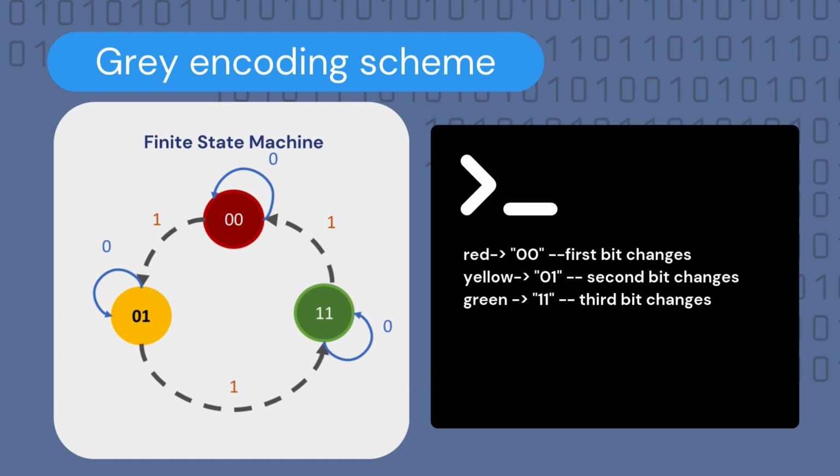Then for the next state, which is the yellow one, we would only need to flip 1 bit, and that would be 0, 1 for the yellow. And then for the green, we would also need to flip only 1 bit rather than 2 bits as we did in the binary encoding, and therefore it would be represented by 1, 1.